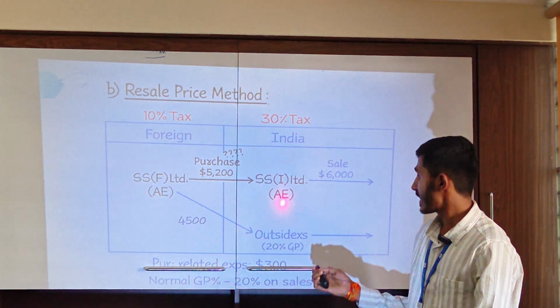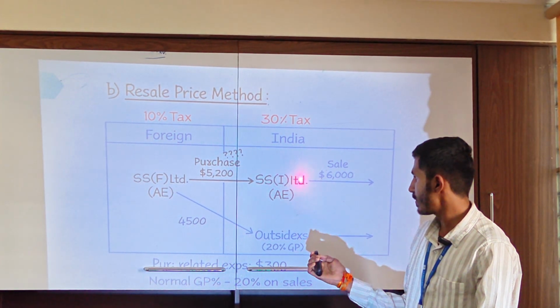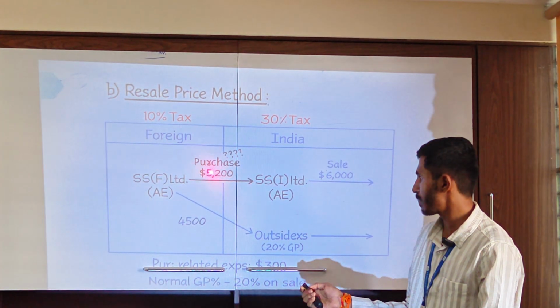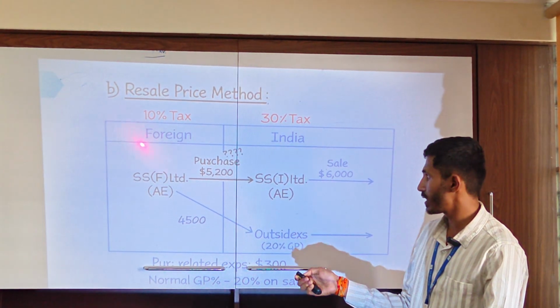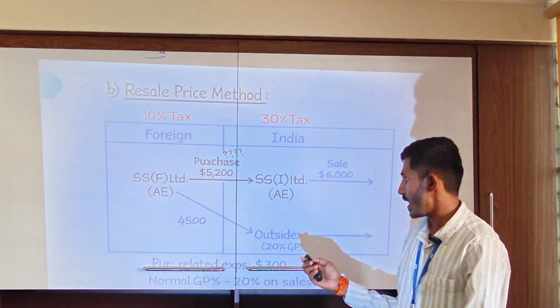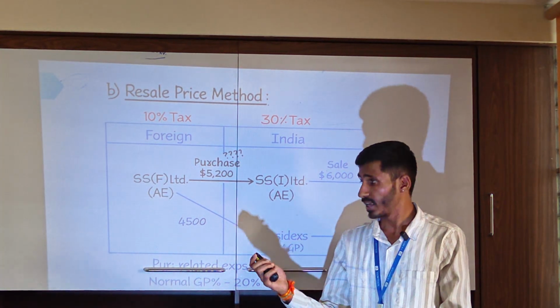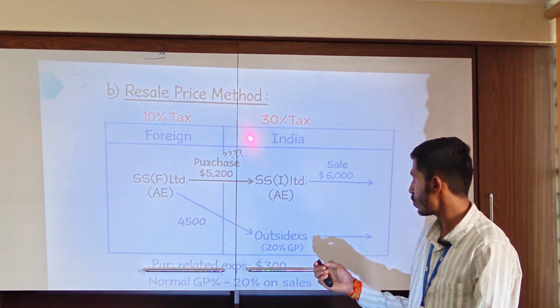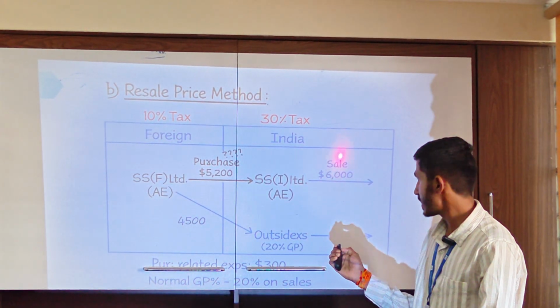Here, Samsung India Limited and Samsung Foreign Limited are two enterprises. These both are associated enterprises, one in India, another in a foreign country. So Samsung India has purchased, for example, a TV from Samsung Foreign Limited for $5,200 and resold it to another independent entity at $6,000.